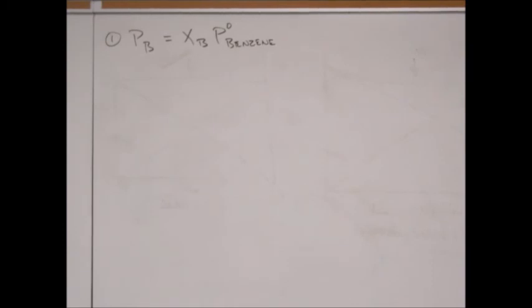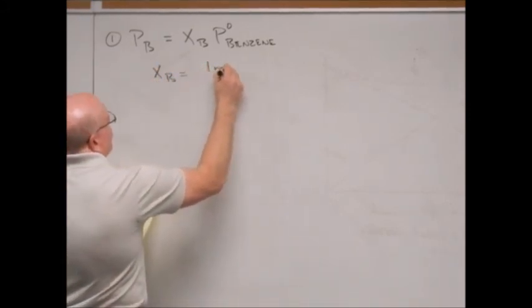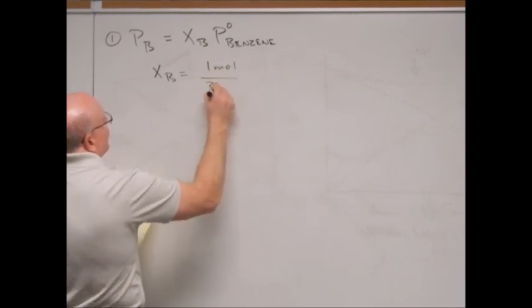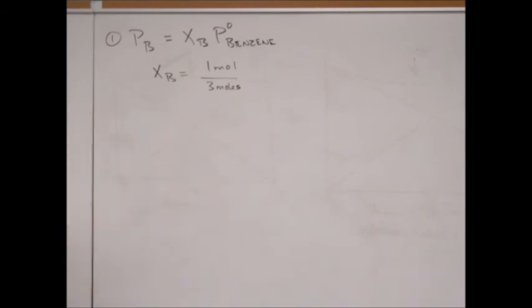If we look at our system here, we have to find what the vapor pressures are of the benzene and the toluene. You can see that the solution has 1 mole of benzene to 2 moles of toluene, total 3 moles. So if we look at this, mole fraction of benzene, 1 mole divided by the total of the 3 moles of both the benzene and the toluene. So a mole fraction of benzene in this case is a third, 0.33.